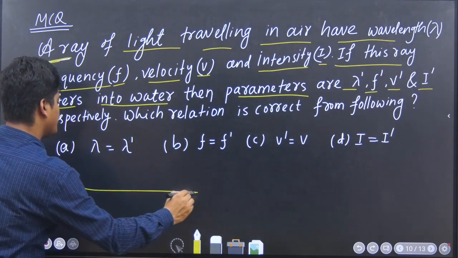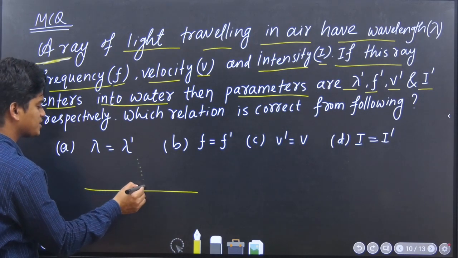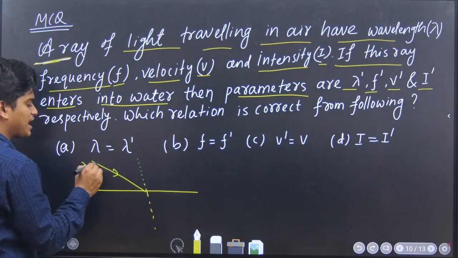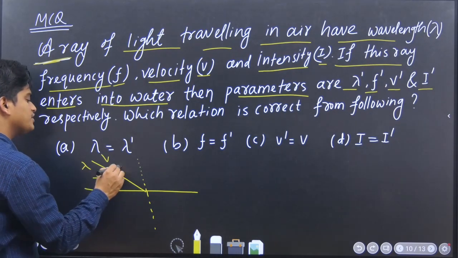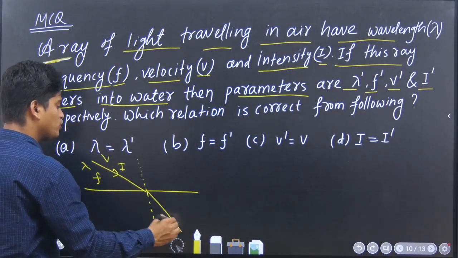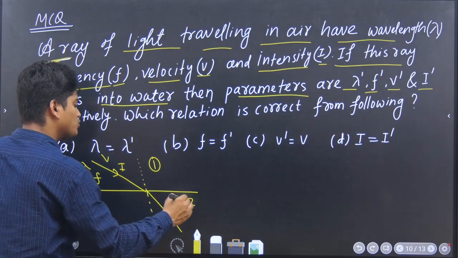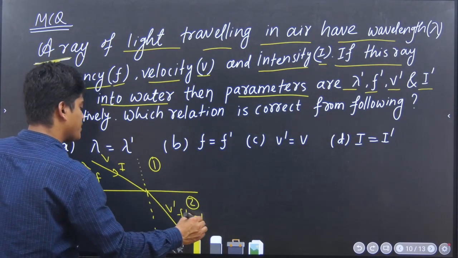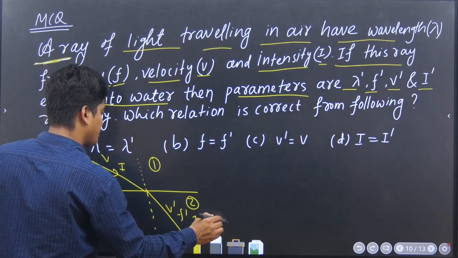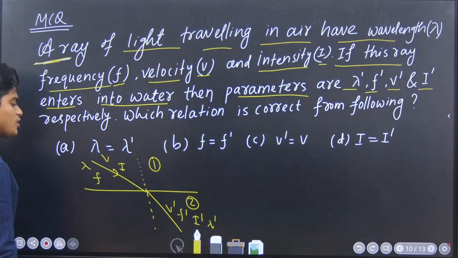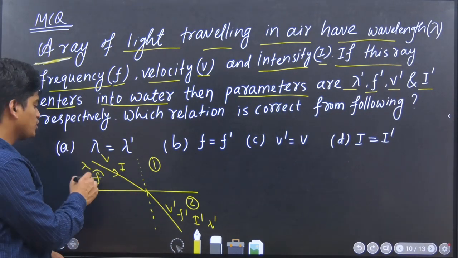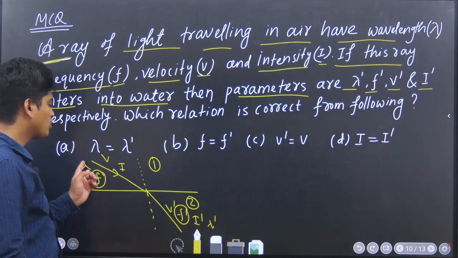Understand, I told you if it is a refraction case, the light ray coming has wavelength lambda, velocity V, frequency F, intensity I. When it goes to another medium, this is medium 1, this is medium 2, then it has velocity V prime, frequency F prime, intensity I prime, and lambda becomes lambda prime. Then what quantity will not change? Actually, frequency will not change, but other quantities will change.